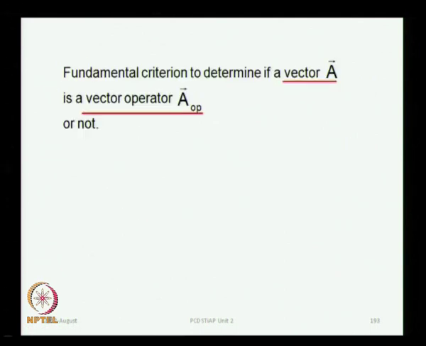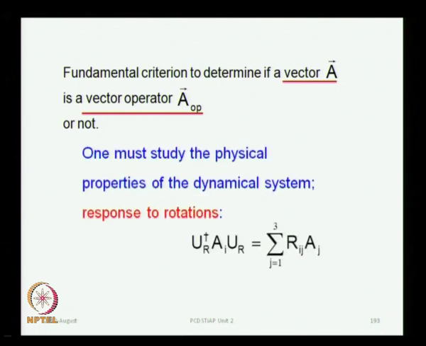recursion relations. So, now I really take up the question that I wanted to take up for today's discussion: when is a vector A a vector operator? We know what vectors are, we know what vector operators are, and we need to address this question.